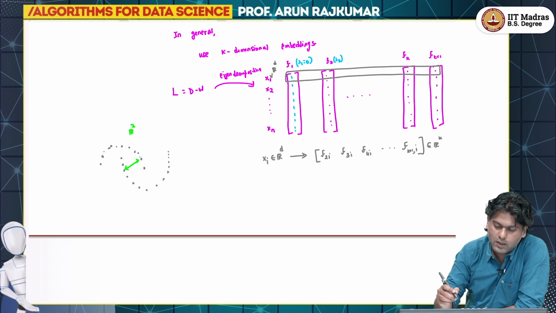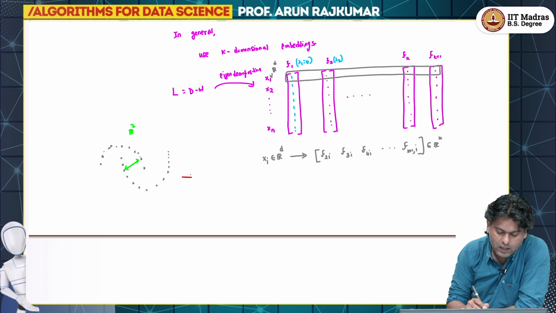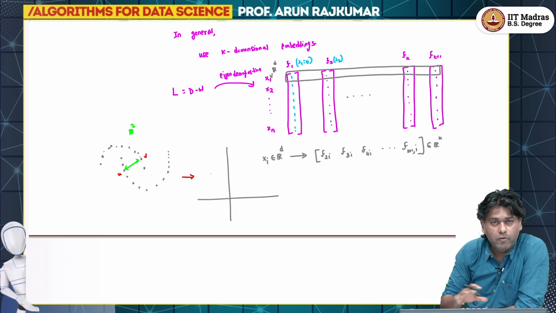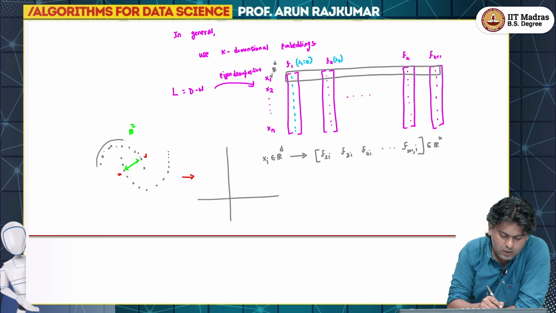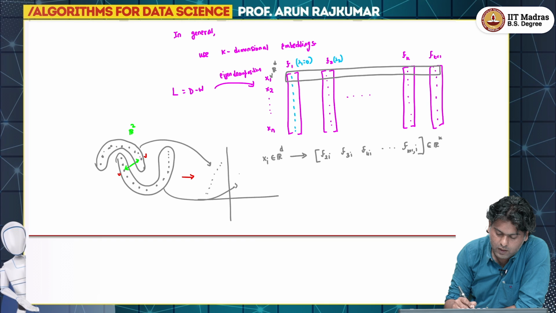The eigenvectors are giving me different views, and then in the eigenvector space, let us call this point u, let us call this point v. Now, if I take a 2-dimensional eigenvector space, maybe all these gray points, I have not done the computation, but I am just trying to give a rough intuition here. Maybe all these points end up somewhere here, and all these points perhaps end up somewhere here.